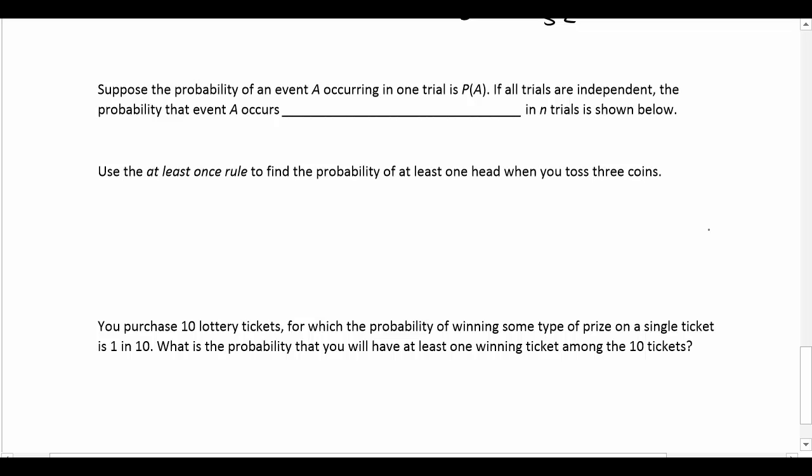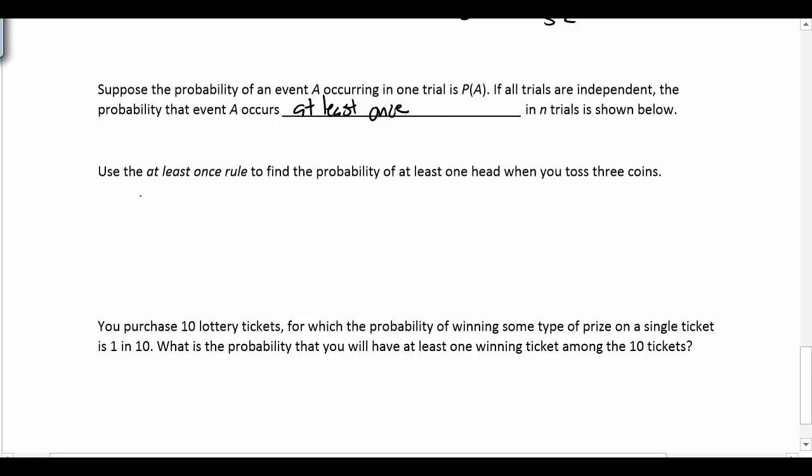Okay, suppose the probability of event A occurring in one trial is probability of A. If all trials are independent, the probability that A occurs at least once, so we're looking for this phrase "at least once" whenever we see this type of problem, is shown below.